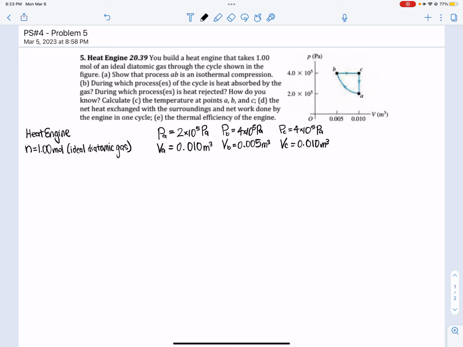All right, so part A: show that the process AB is an isothermal compression.